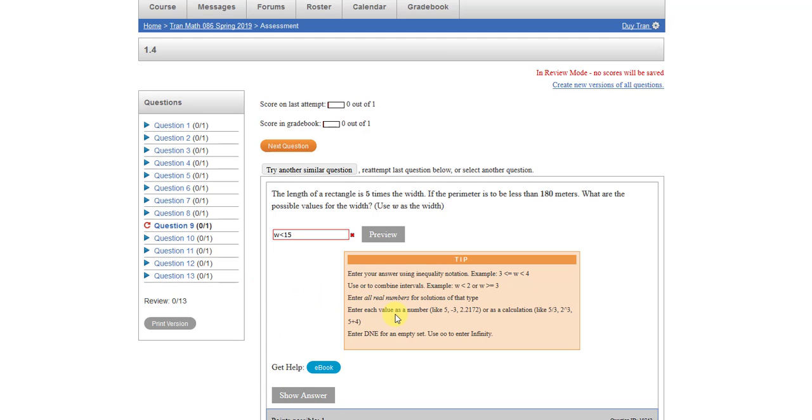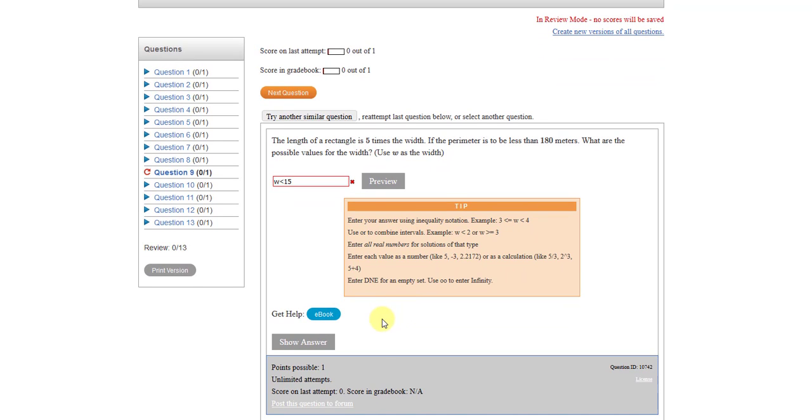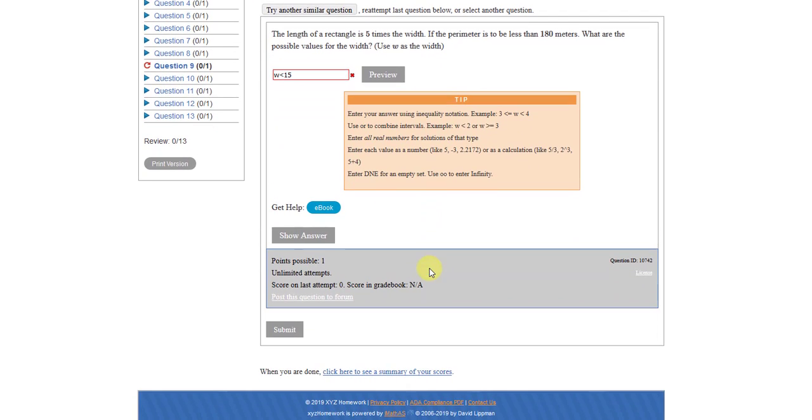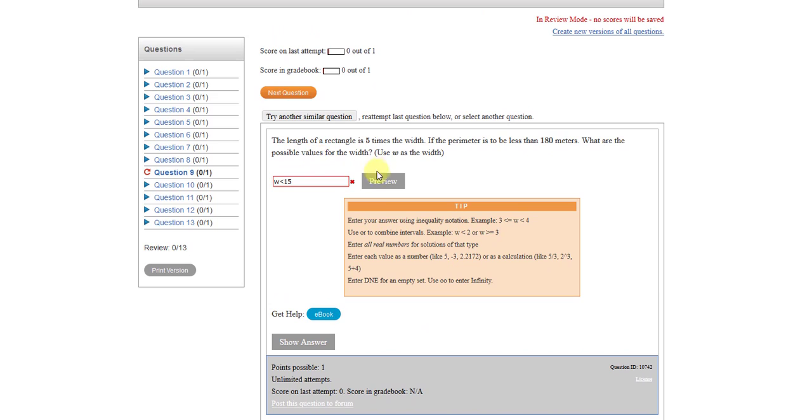Oh, they ask me to enter the answer using inequality notation, for example W is less than 3, using a combination of the intervals.